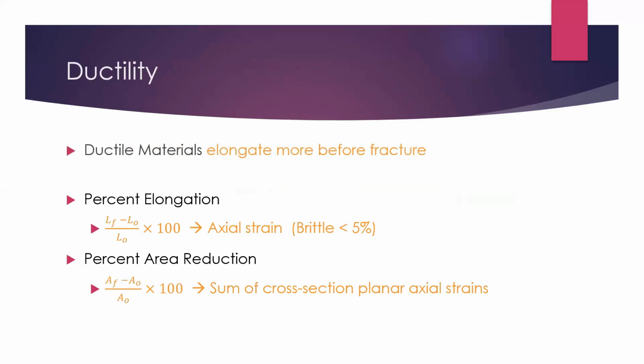We said, delta A over A. We'll say epsilon Y plus epsilon Z in this case, because those are the two planar directions. So if you knew the equation for the strain in the perpendicular direction, you could add those two equations and get this.